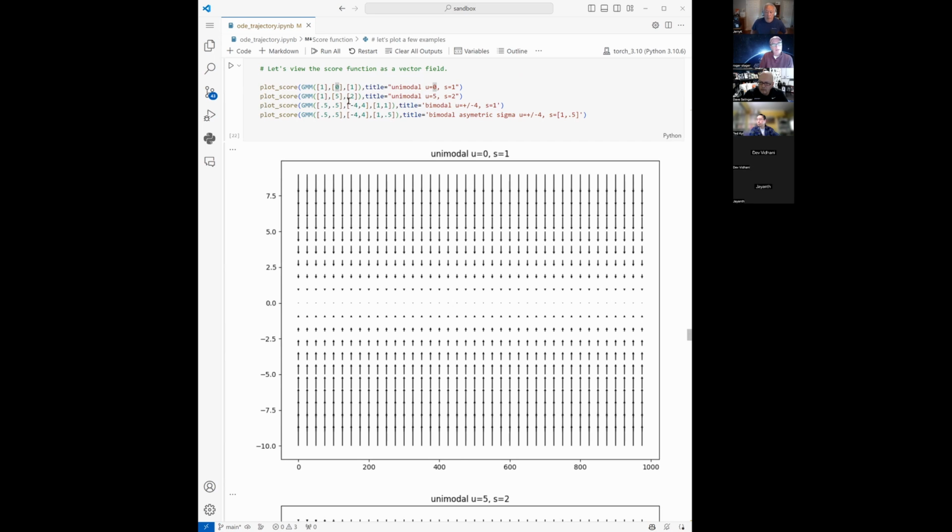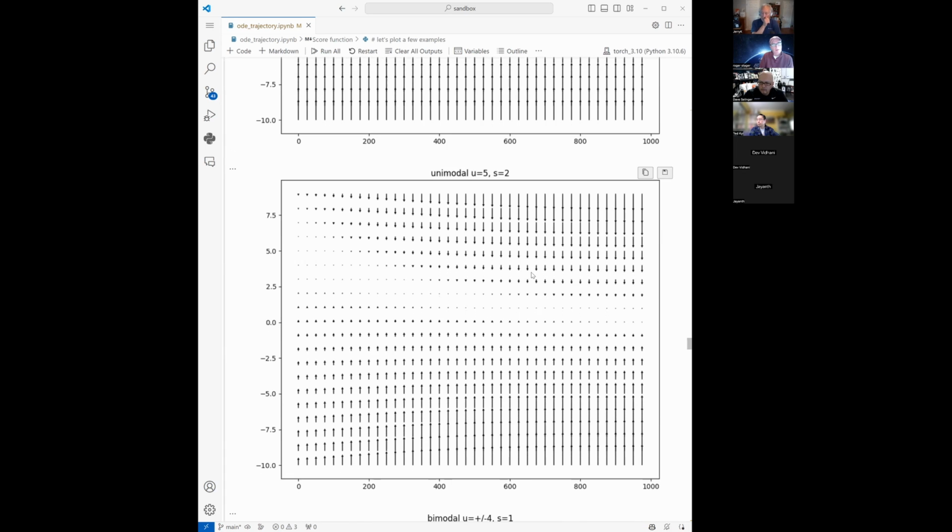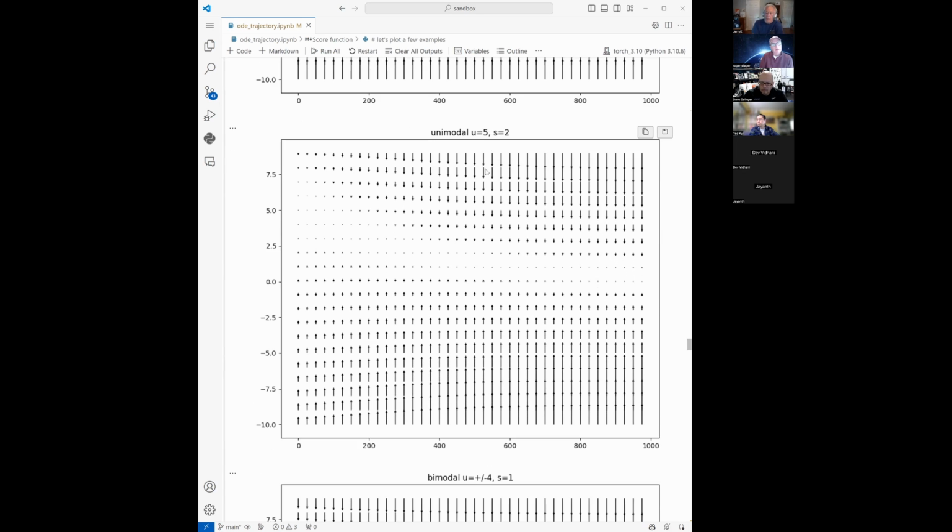If we can scroll down a little, this is one where we had a mean of 5, standard deviation of 2. The way these vector fields work, maybe I should describe that first. The score function is in the dimension of the data, so these vectors are pointing vertically, either up or down.